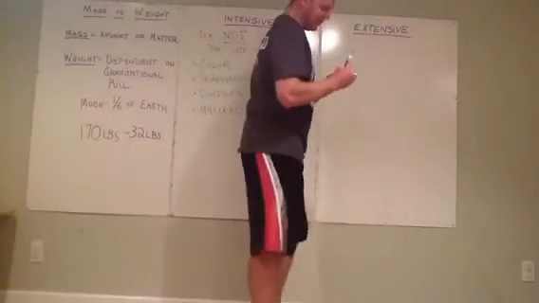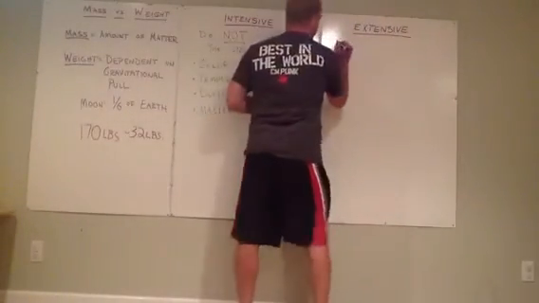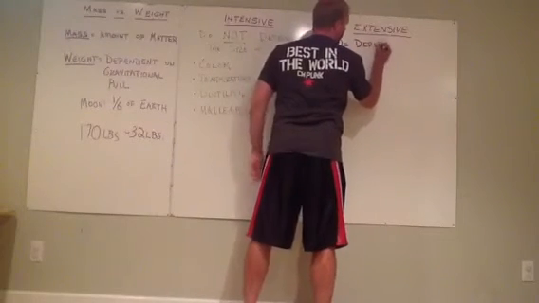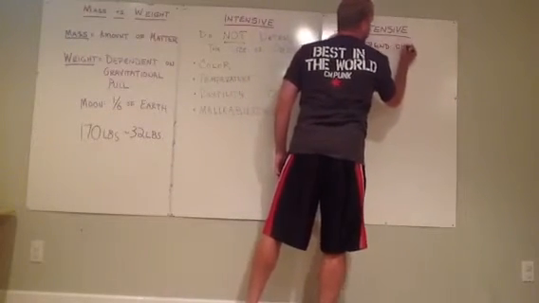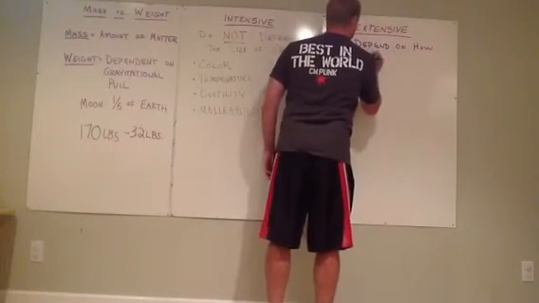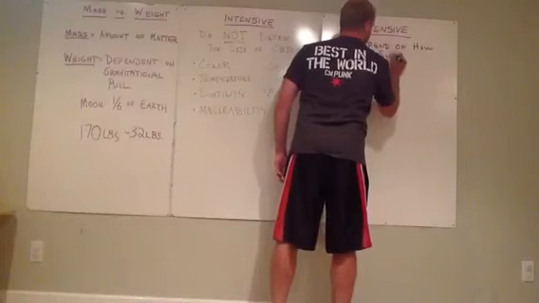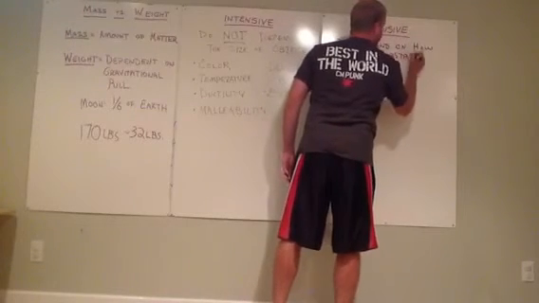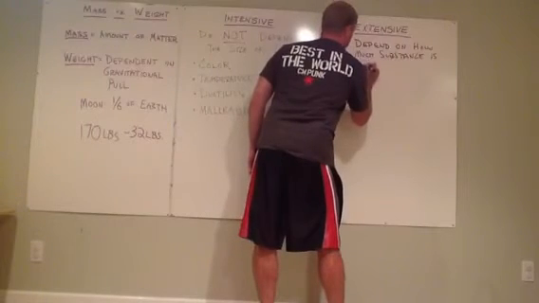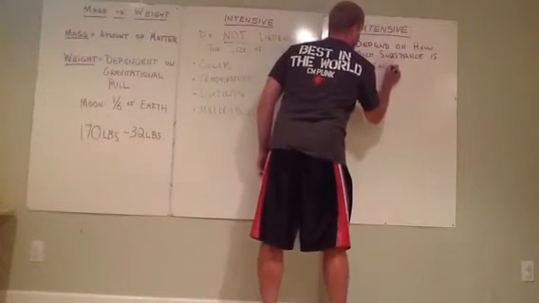All right, let's attack this last area, which is extensive. So with extensive things, they do depend on how much of it you have. So how much substance is present is what I'll say. So give you some examples, all right?